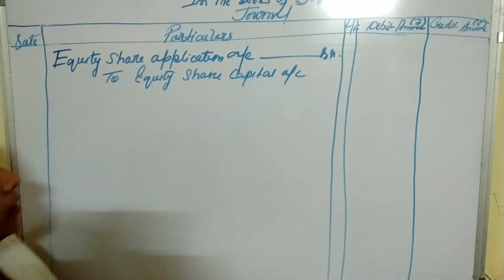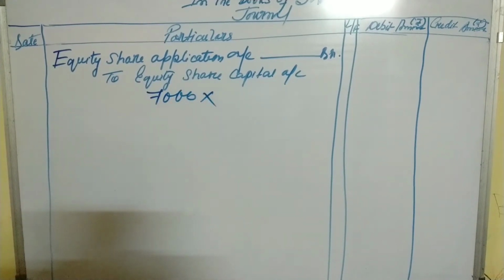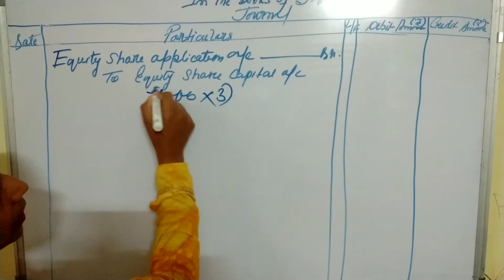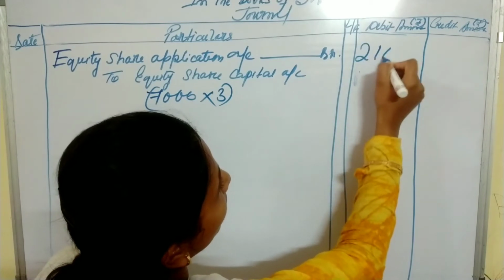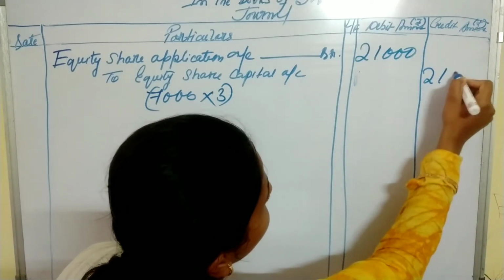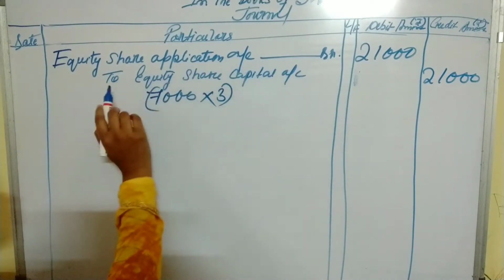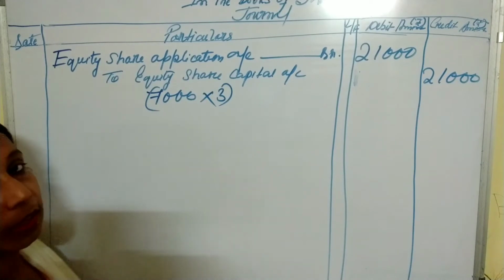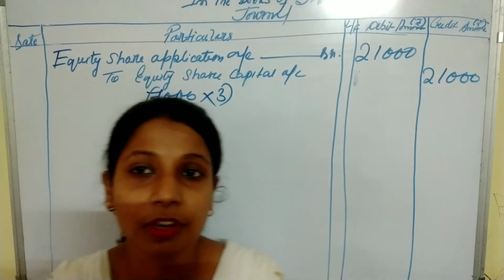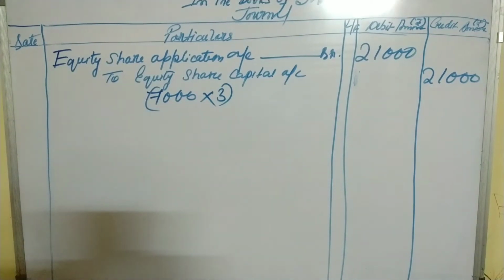So the number of shares here is 7,000 and the rate of application is rupees 3. That is 21,000. Equity share application account debit to equity share capital account. The application money so received is transferred to the share capital account. Now we will write the narration.